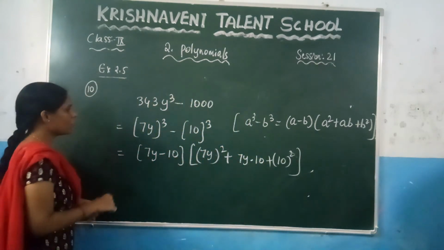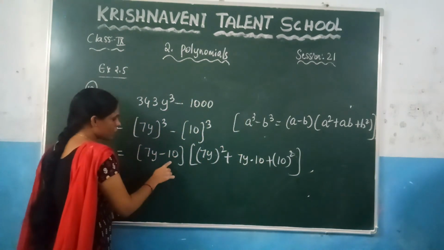So we have written a cube minus b cube in the form of a minus b into a square plus ab plus b square.